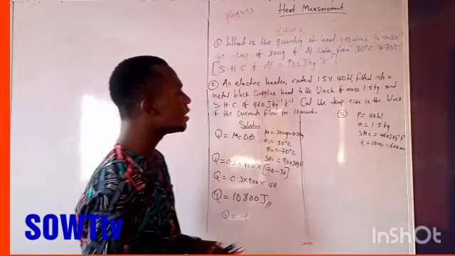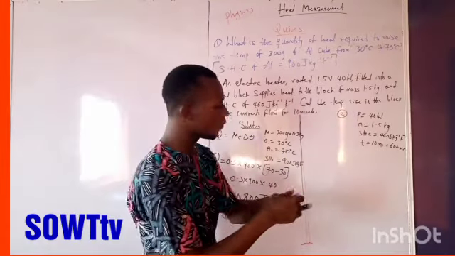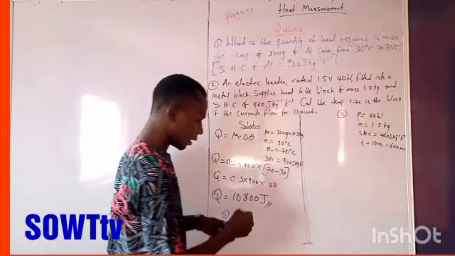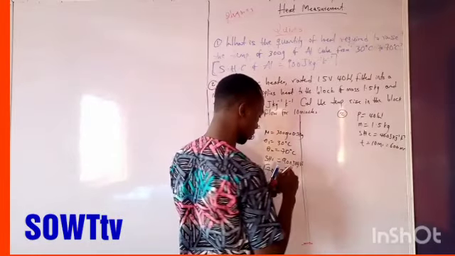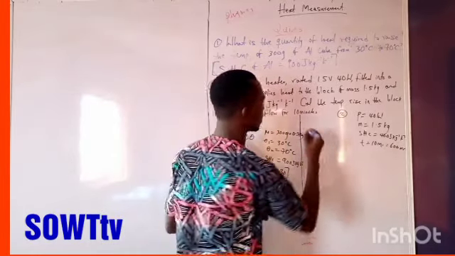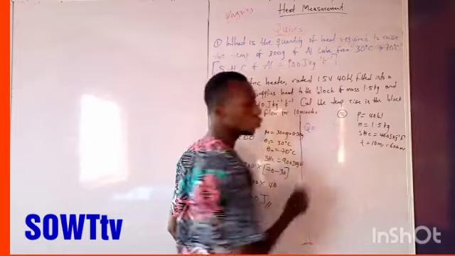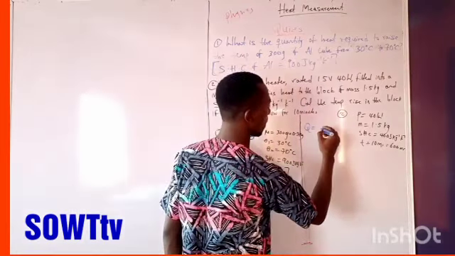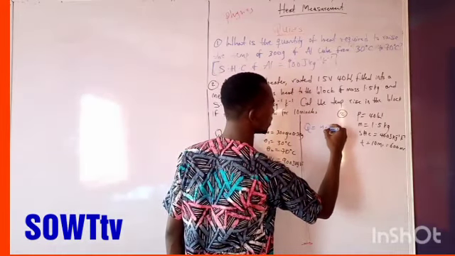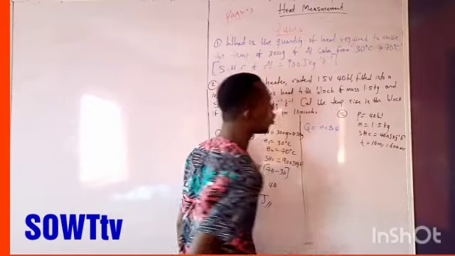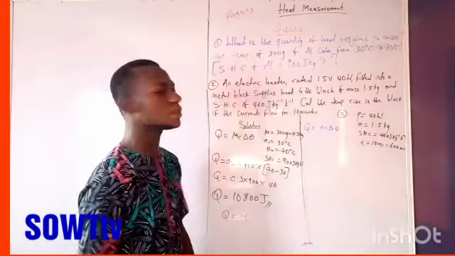And then we now have our power. Coming from the formula Q equal to MC delta theta, we have to look for the change in temperature.